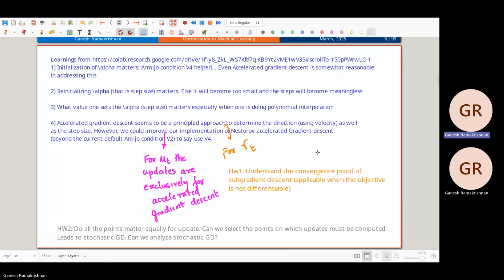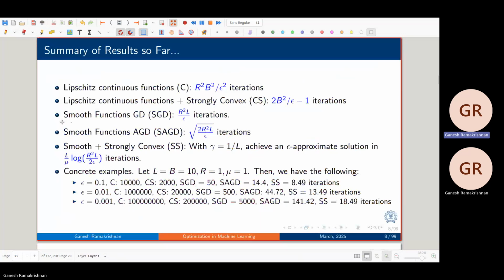So if you look at the results that we have so far, for smooth functions, if you go with accelerated. So far what we had was convex plus smooth and strongly convex plus smooth.